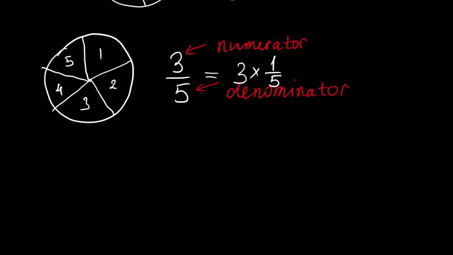It means 1/5, which is actually this piece of our unity, is 1/5, and 3/5 or 3 times 1/5 is 3 parts of this piece. So this is a picture of 3/5.